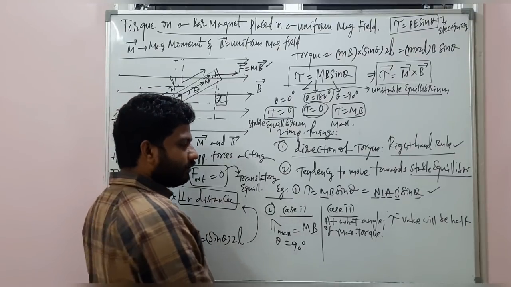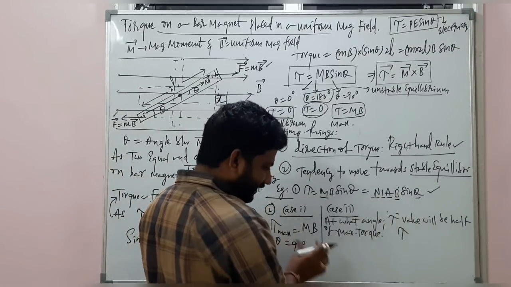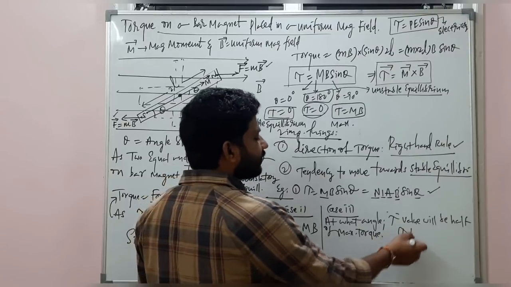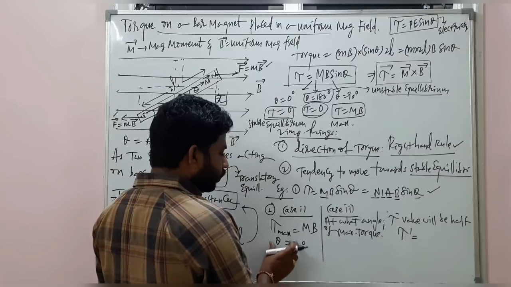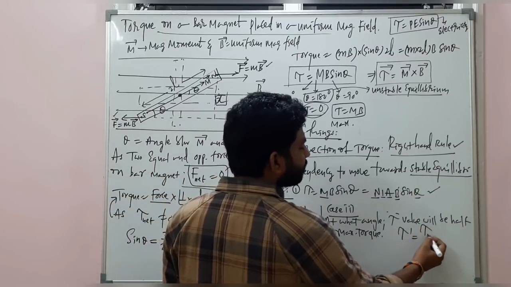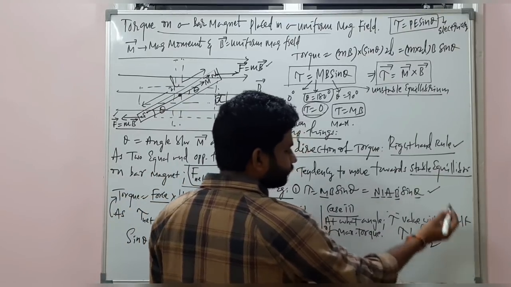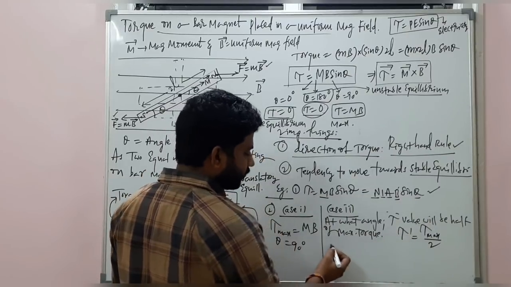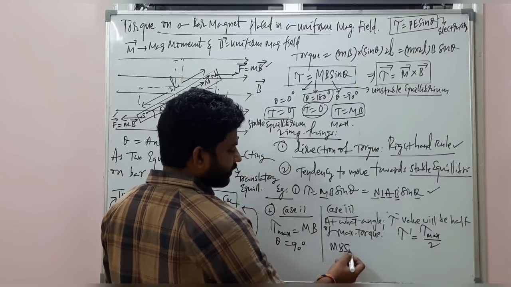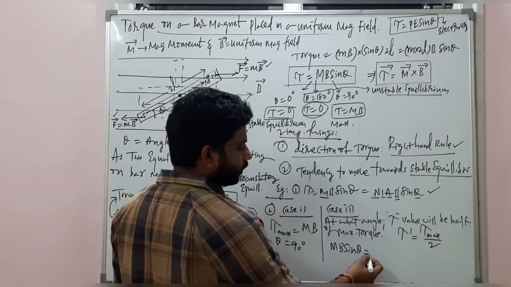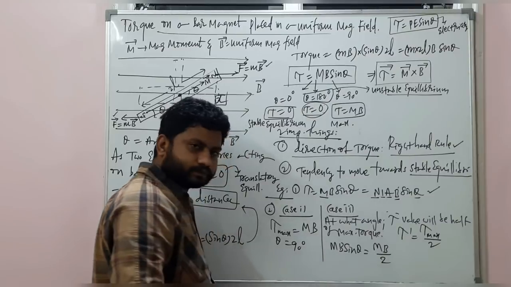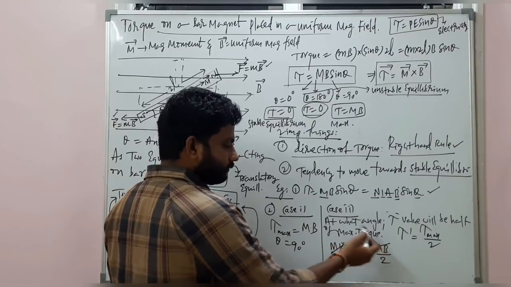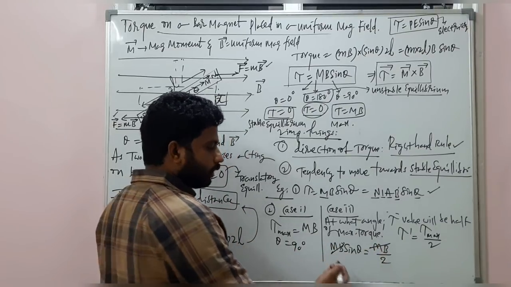We know tau in this case. Tau in the second case, let's say tau dash, is equal to tau maximum by 2. So MB sine theta is equal to MB by 2, where MB is the maximum. MB cancels. Sine theta is how much? 1 by 2.